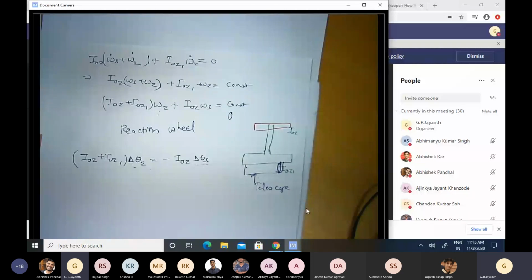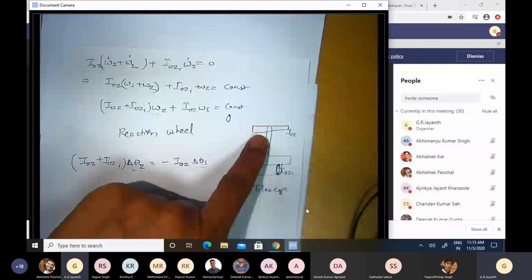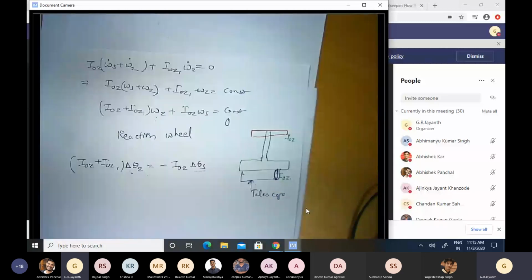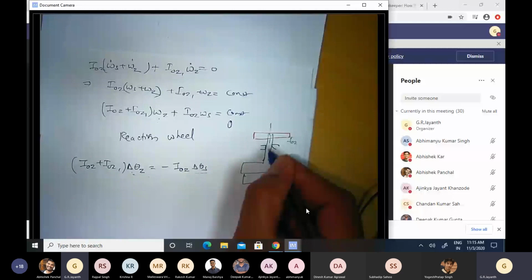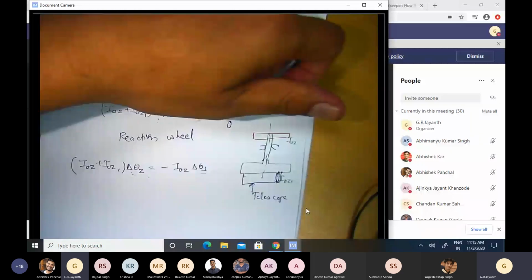And what you saw here was the use of this kind of a wheel to change the angular momentum of the overall spacecraft by spinning the wheel about its axis. Okay, you will have 3 wheels in 3 different directions. Of course, the equations may not look as simple as they do here. I've considered only one axis, only along the z-axis, and you spin the wheel in one direction, the spacecraft turns in the opposite direction by a different amount, and the 2 are related by this particular equation here.